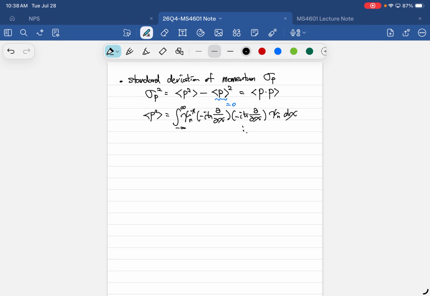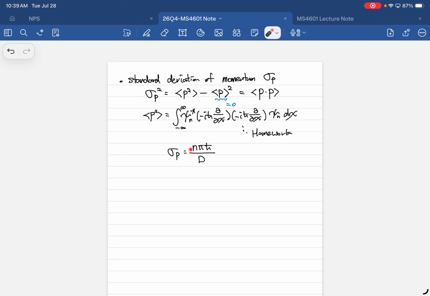This is actually a homework problem, since homework 2 has been assigned, so you can work on this on your own. It turns out sigma p is n pi h bar over d. So the standard deviation of momentum now has n dependency.